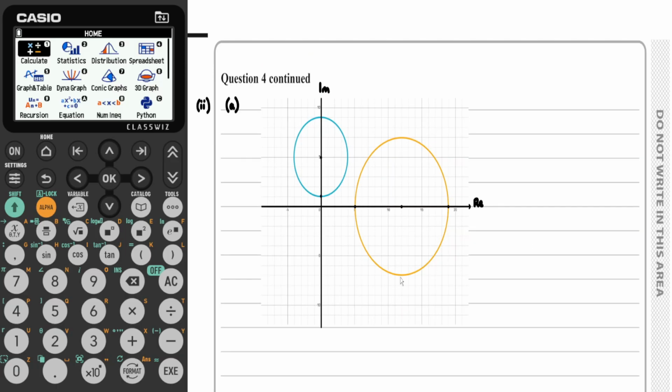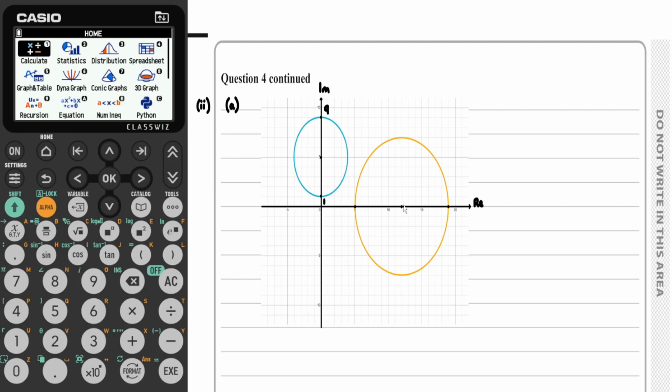And here are those two circles. For this circle we've got a center at 0, 5, and for this circle we've got the center at 12, 0. For this circle we know that the radius is 4, so if I do 5 plus minus 4, I get one of the points where it crosses the imaginary axis at 9 and the other one being at 1.